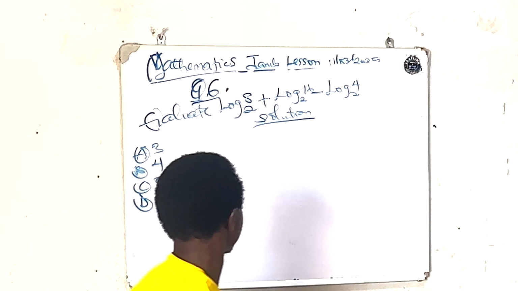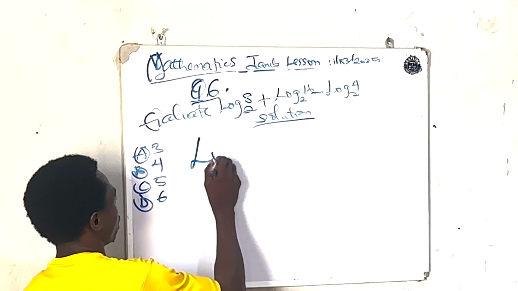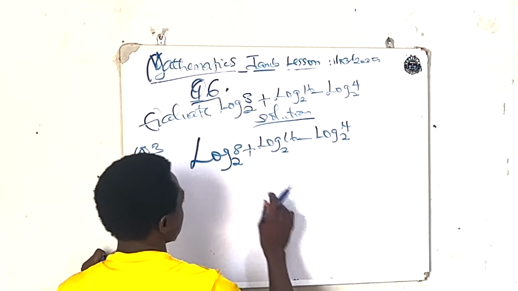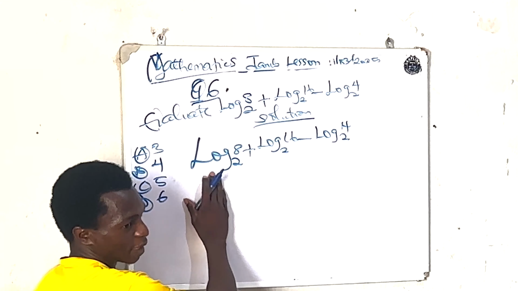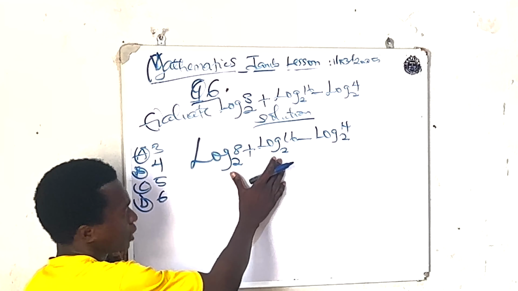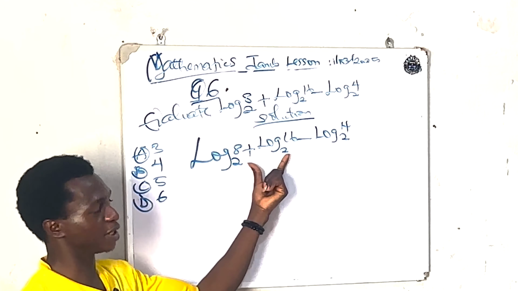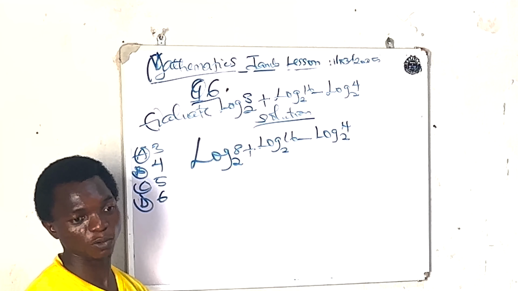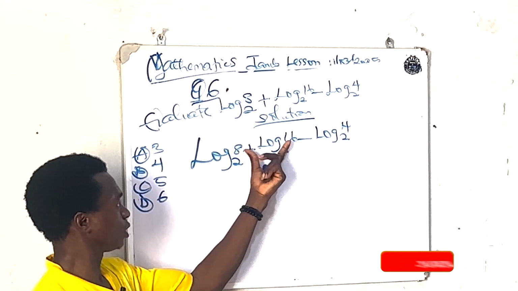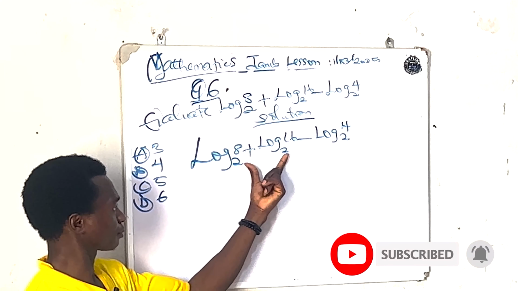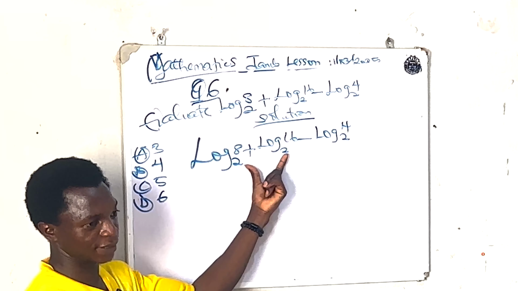Now let's look at this case together. Given log 8 in base 2 plus log 16 in base 2 minus log 4 in base 2. This and this are being added, and since they have the same base 2, the logs are supposed to multiply together because their bases are the same.